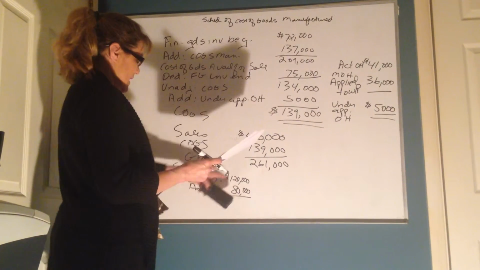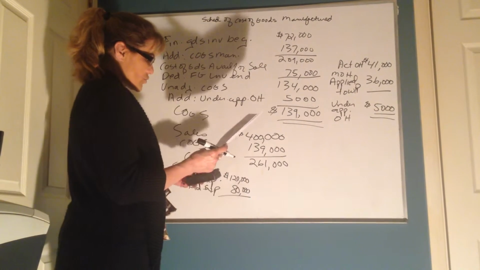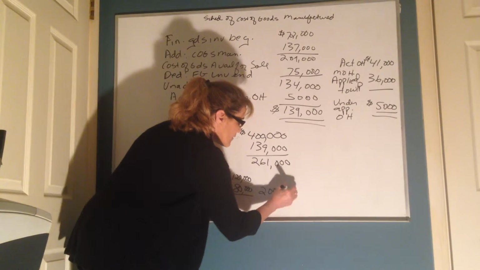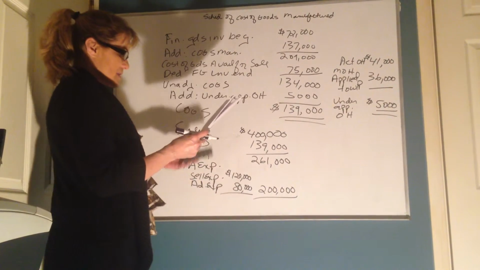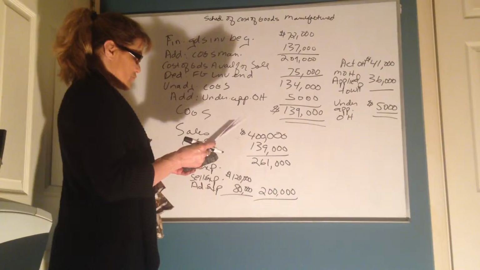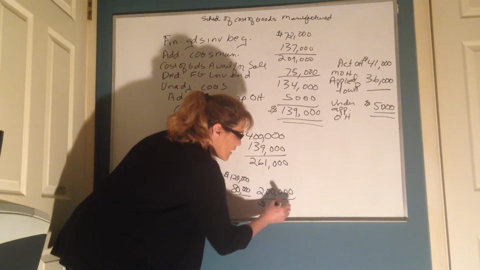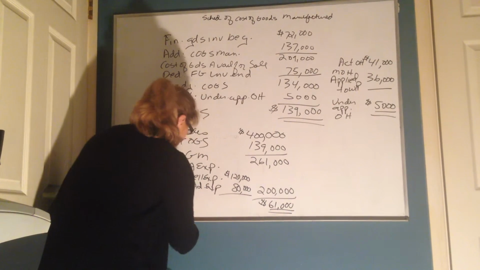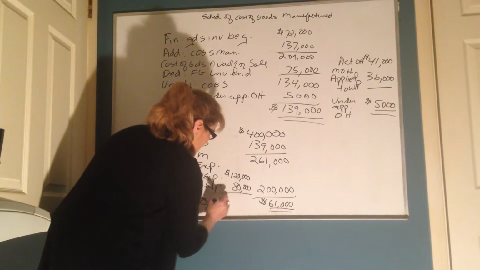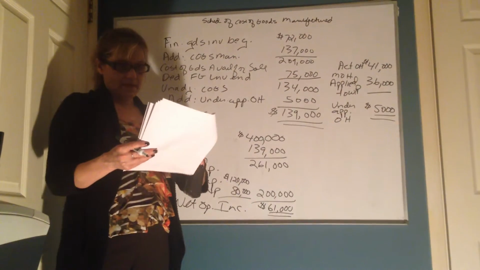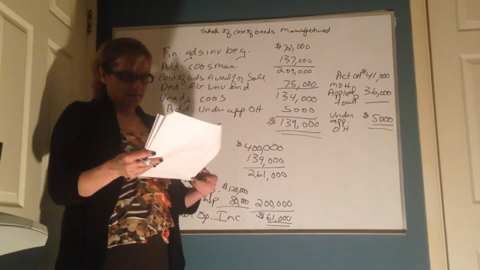So we're going to go ahead and add those two together. That gives us $200,000, and put that right here. So if we take the $261,000 and we subtract the $200,000, gives us net operating income of $61,000, and that would take care of number 8.